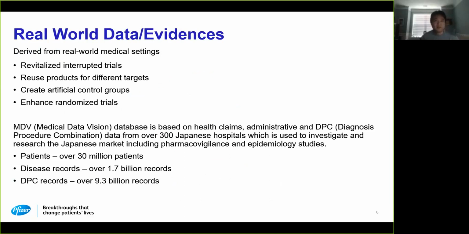So a little bit about real-world data evidence. These are derived from real-world medical settings. These include electronic medical records, health records, claims databases, health surveys, patient registries, and even social media. So we have all this real-world data out there, collected and packaged and available for your records.